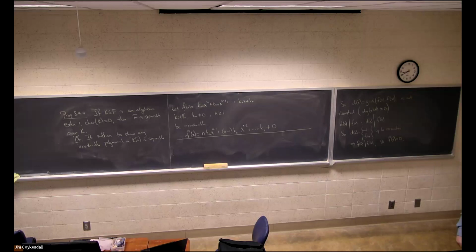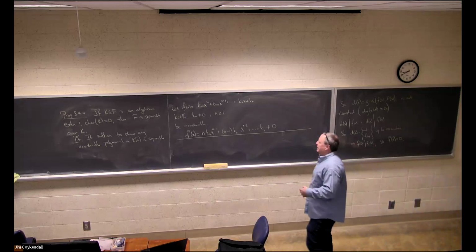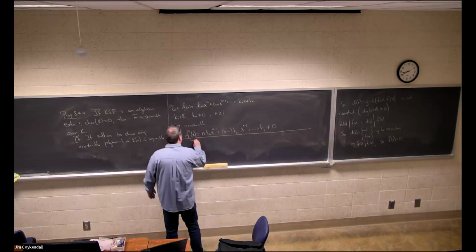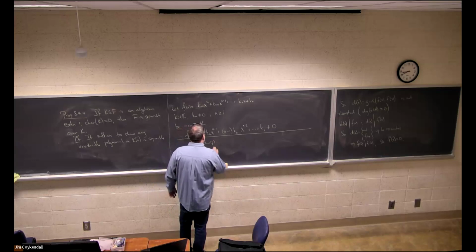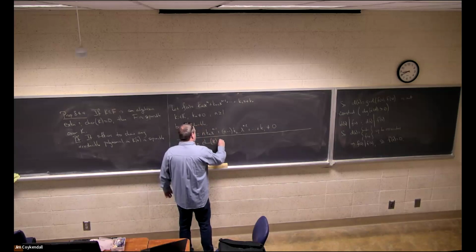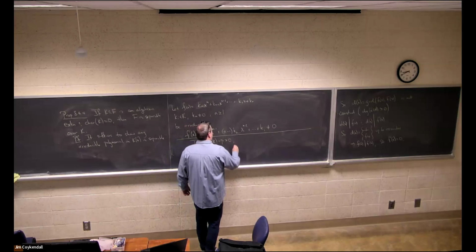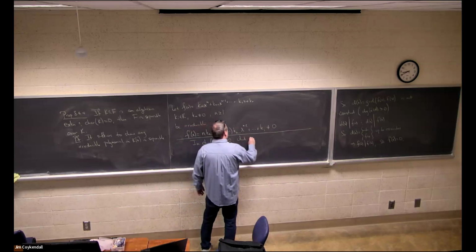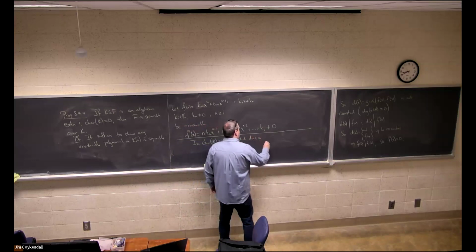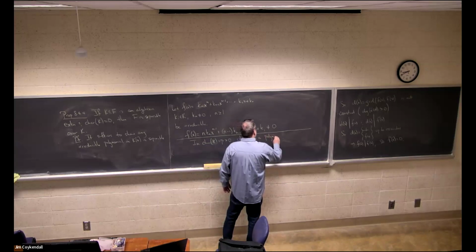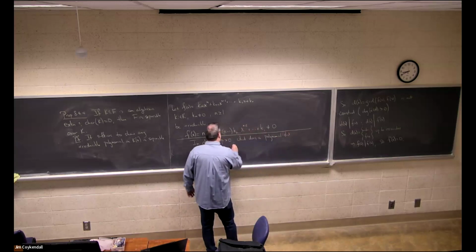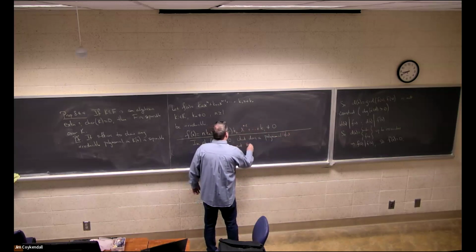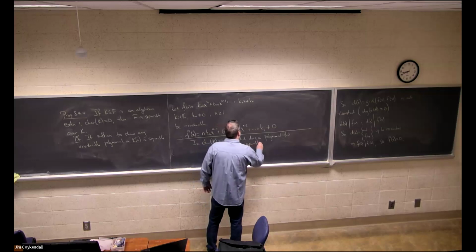By the way, what do you suppose a polynomial that is not separable looks like in characteristic p?